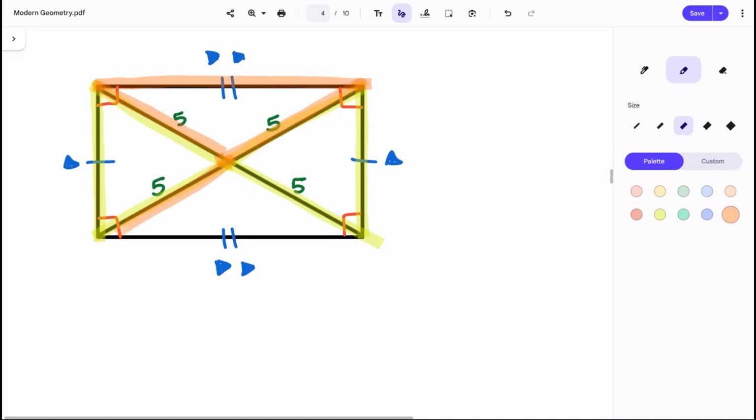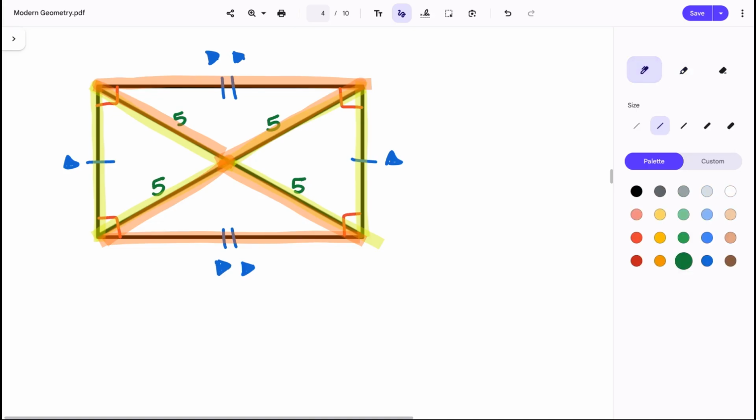They're also the same. Okay. Here's another question. If these diagonals are both 5, so this side would be equal to this side, what kind of triangles do I have in there? Isosceles triangles. So what's true about this angle and this angle? They would have to be the same.